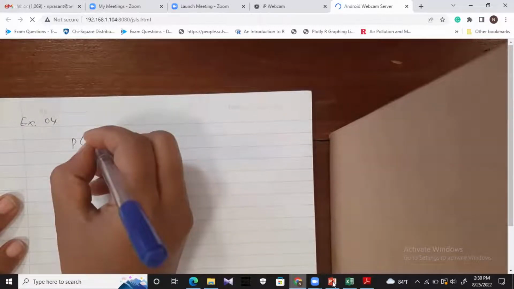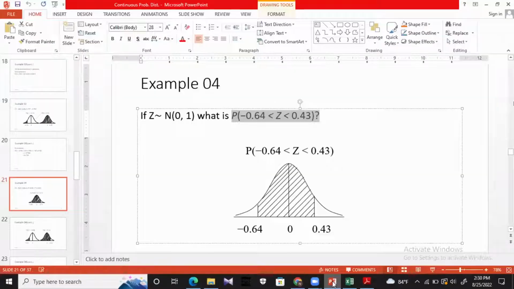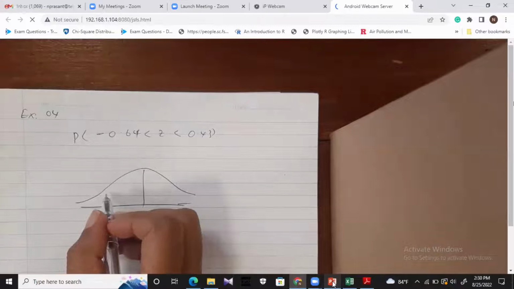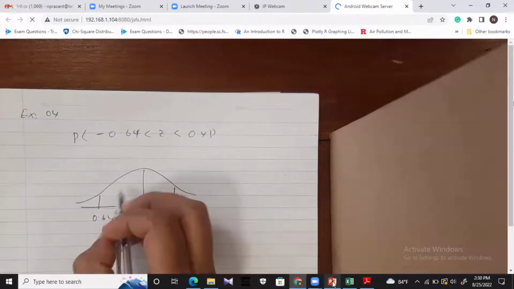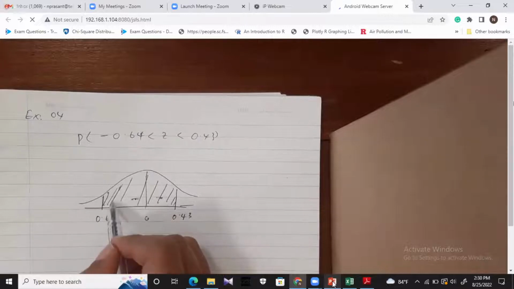Minus 0.64 less than Z less than 0.43. Okay. Now draw the distribution. This is 0. This is minus 0.64. This is plus 0.43. You need to find this region. These two are not symmetric, right? This region is bigger than this.